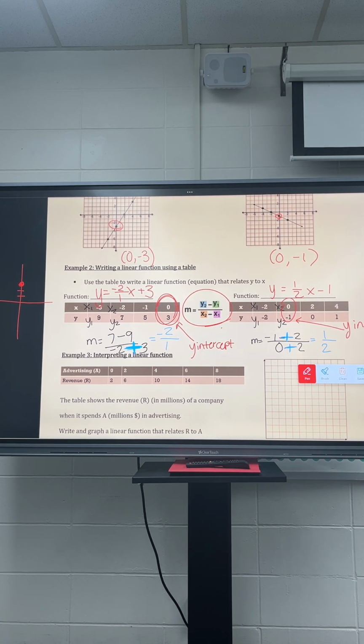Okay, if you have come back, hopefully you paused and checked it. Here's your next one. So I did the work there, found the slope, found the y-intercept in the table, wrote the function. And that's it. If you have questions on this spot, please write it down in your notes and tomorrow you can ask me questions, okay?